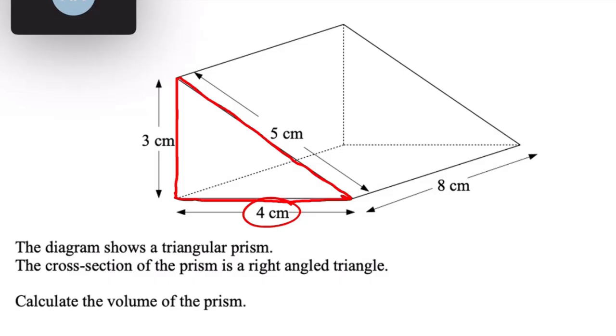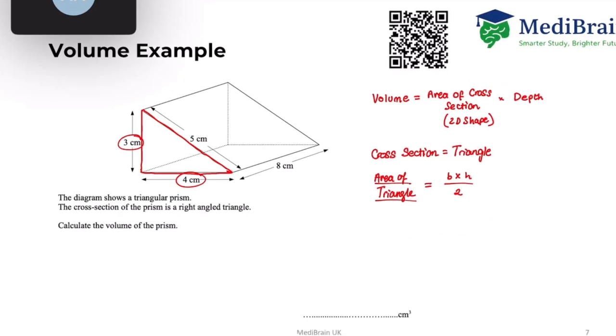The height is the vertical height, the actual height, which is 3 centimeters. This line, the 5 centimeters, is nothing related to finding the volume.